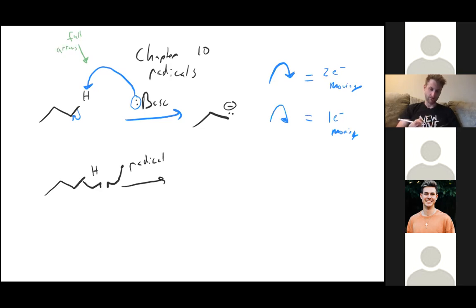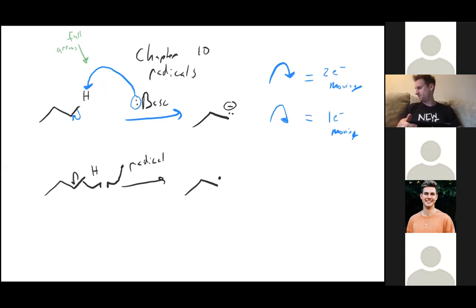So these two would come together to form a bond. The other electron from this carbon-hydrogen bond would get kicked over back to our carbon. We're going to form a radical. Radicals are neutral, so you don't need any sort of charge on them. They're highly reactive. They use these little half arrows.